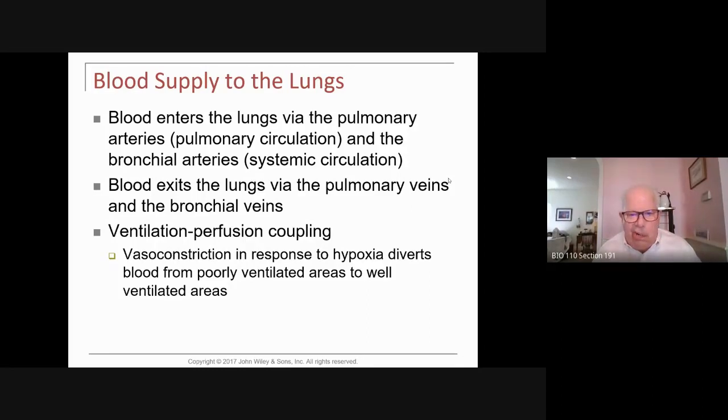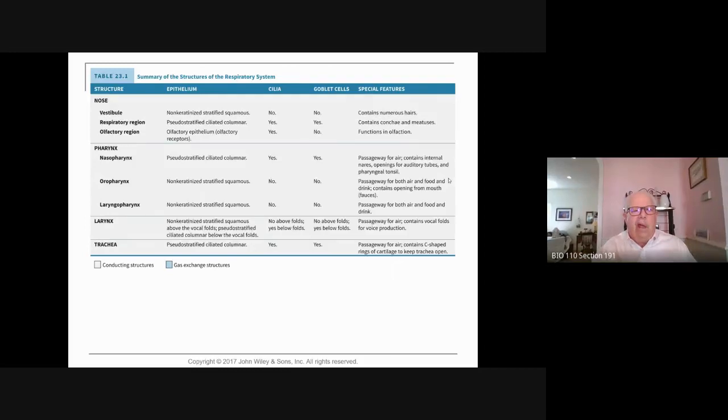You hear crackles. You hear wheezes because the lungs has decided not to give that area any oxygen. Now, I've simplified this, but does that make any sense to you guys? Yes. Okay, good.